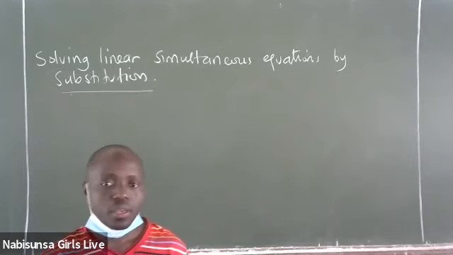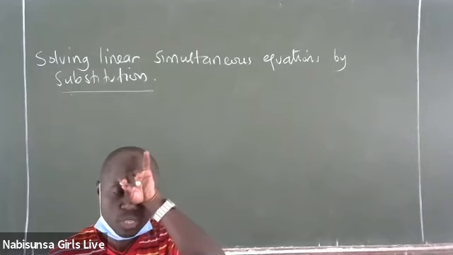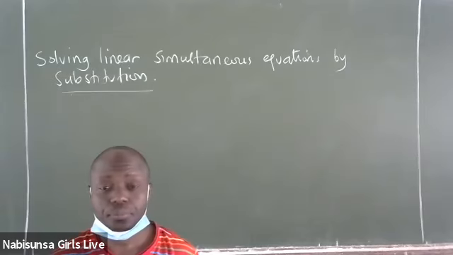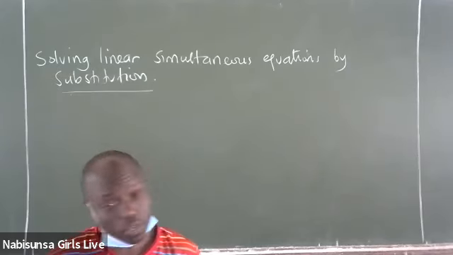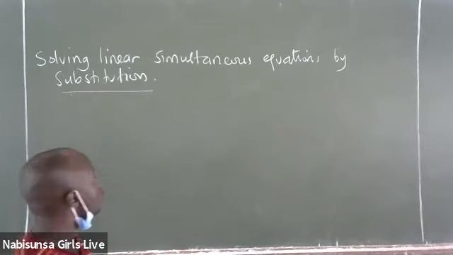Good girl. So we are looking at solving linear simultaneous equations by substitution. The other time we looked at how to use elimination. This time we want to see how to use substitution.